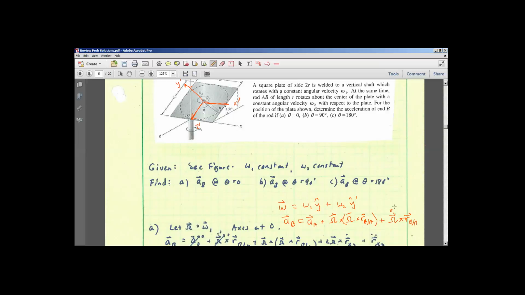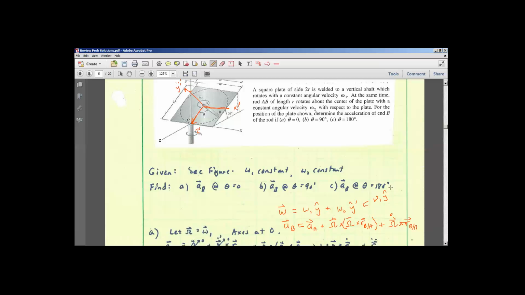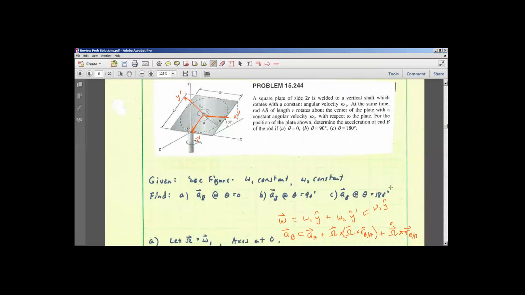Okay, so now, like what you were saying before, Jason, is we could also do this where we say that's omega 1 y, but now we want to put that y prime into our other axes, right? So how could we write that in terms of the y and the z?